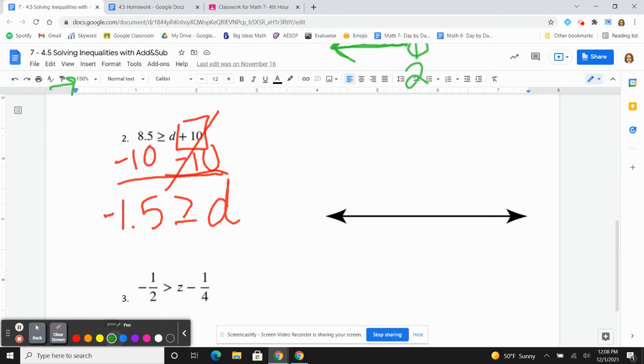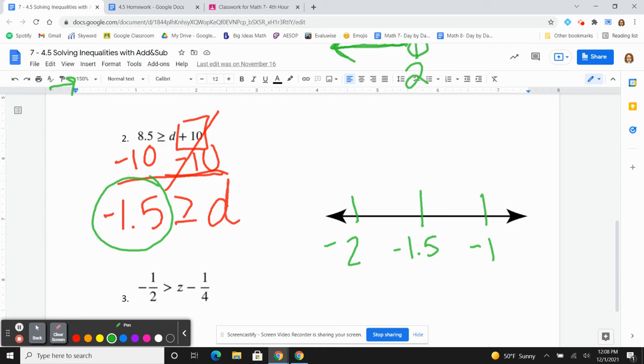Okay, so this is the number that we got. So we're drawing a line, negative 1.5. Again, we don't need to fill in any other numbers, but if we did, this is a negative one, so your numbers would be going backwards, by the way.